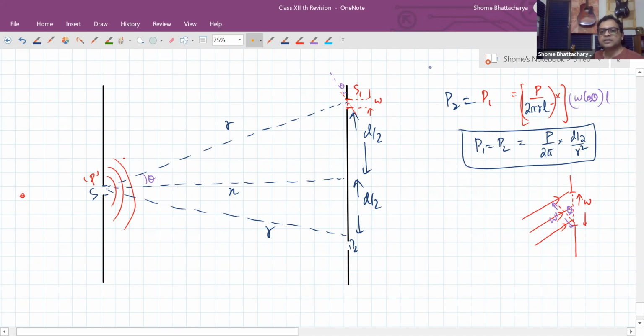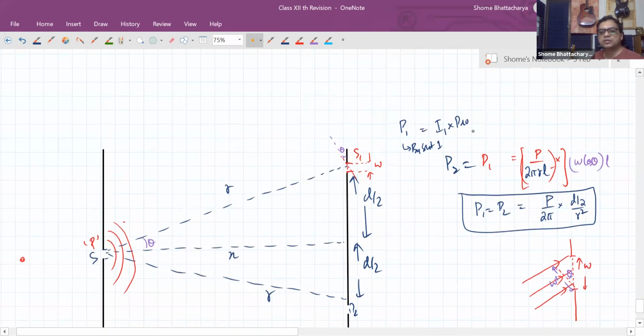Basically the power emitted by slit 1 is the intensity incident multiplied with the projected area. That kind of concept we are using here.